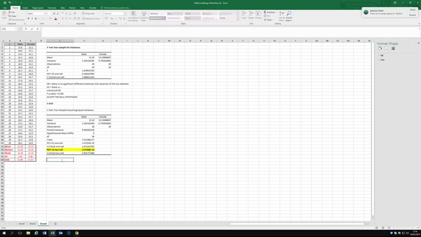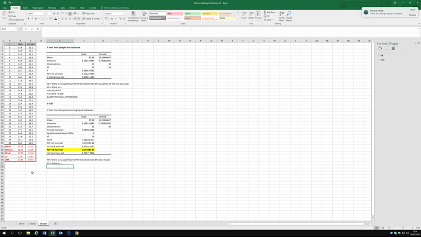So our null hypothesis, H0, equals, there is no significant difference between the two means of the two data sets, essentially. And our H1 will basically be, there is a significant difference.